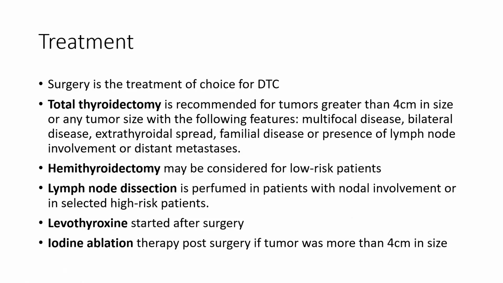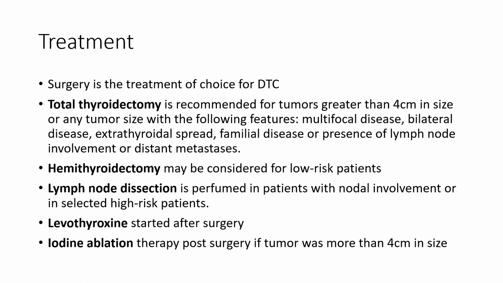So like you notice now, the treatment of choice for differentiated thyroid carcinoma is surgery. So the types of surgery that are usually performed for such patients are a total thyroidectomy or a hemithyroidectomy, dependent on different factors. So total thyroidectomy is recommended for high-risk patients.